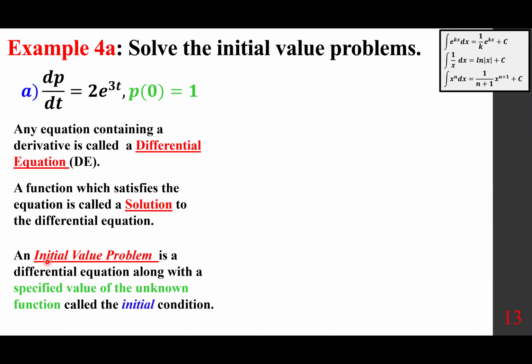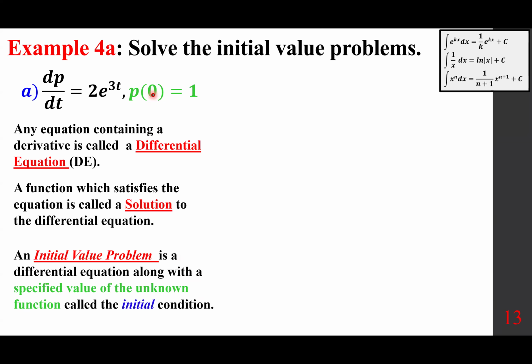Finally, an initial value problem is a differential equation along with a specified value of the unknown function, called the initial condition. So it becomes the initial condition when we add this. What this will do is that from a general solution, we go to a particular solution.